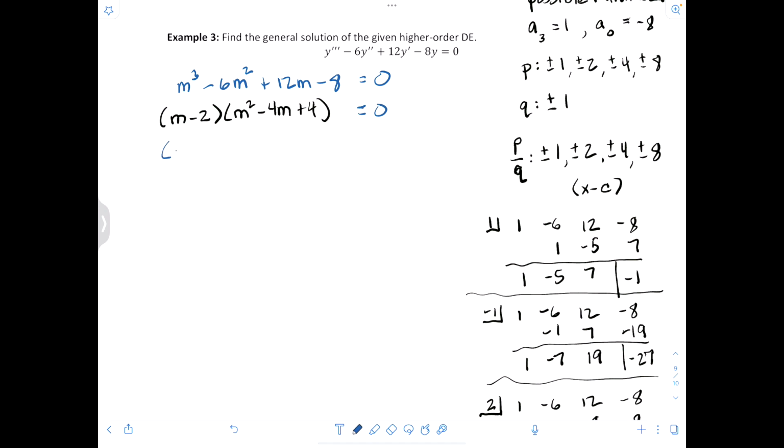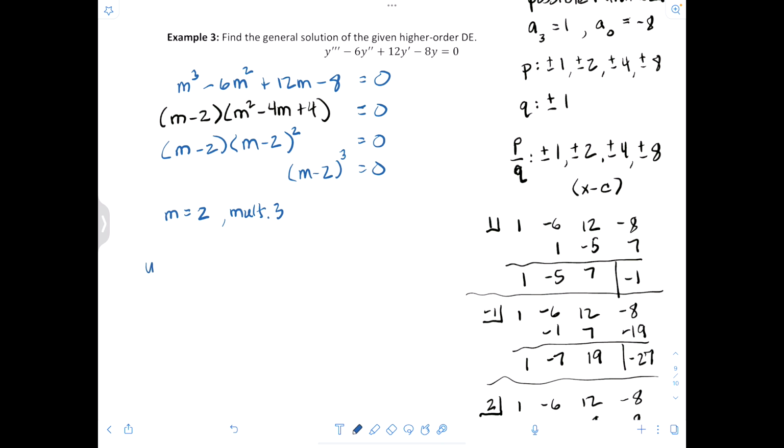We can further factor. This is the quantity m minus 2 squared, but we now have 3 factors of m minus 2. So we'll get the result of m equals 2 with multiplicity 3. And what does that mean?